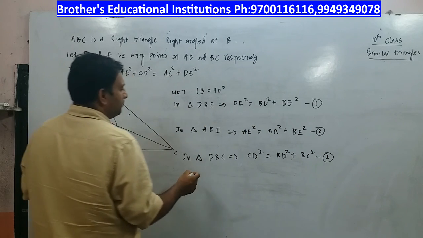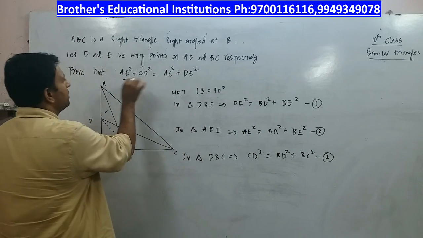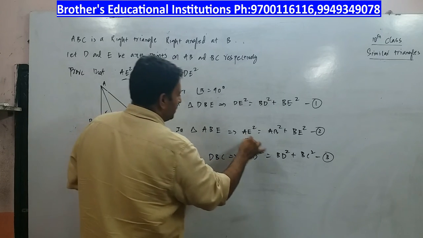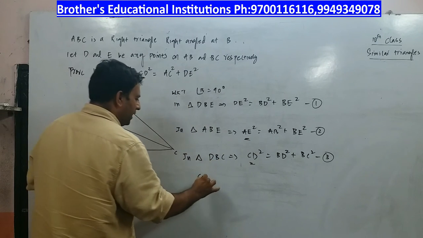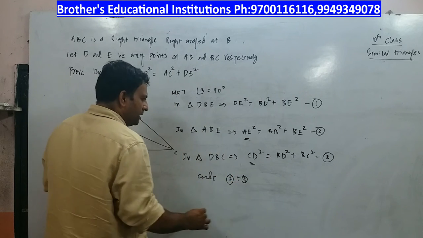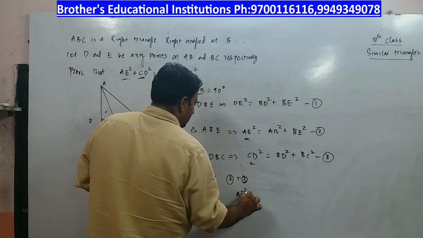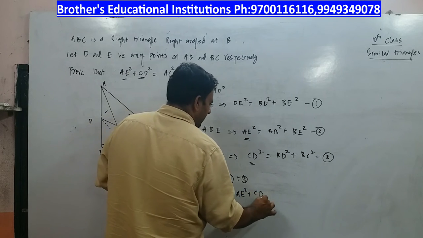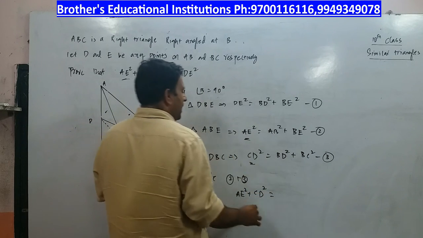Alright. Now what I am going to do, I have to get AE square plus CD square. AE square plus CD square. So I will say consider 2 plus 3. So when I consider 2 plus 3, you will get AE square plus CD square is equal to, let us add the things.